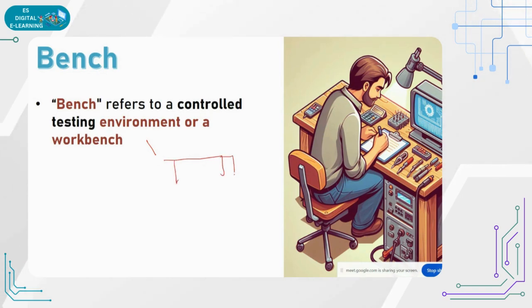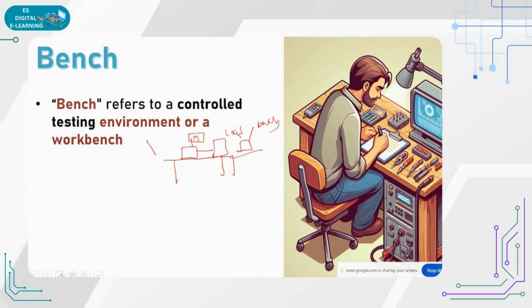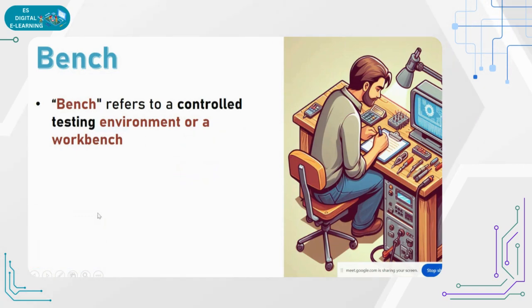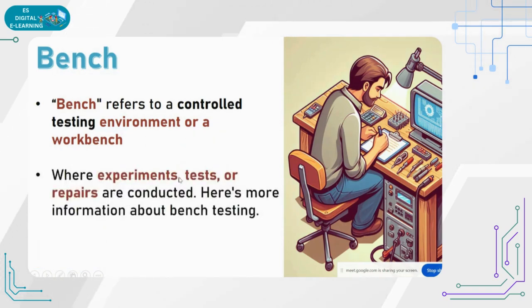On the table we have the ECU, and for the ECU we have a power supply, and sometimes the load box, and the HIL bench. All this will be part of the bench, a controlled testing environment or workbench, where we usually do repairs or experiments.